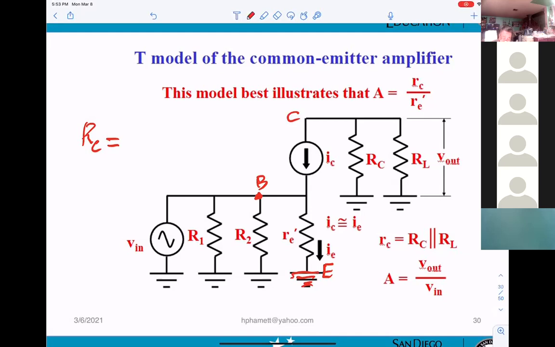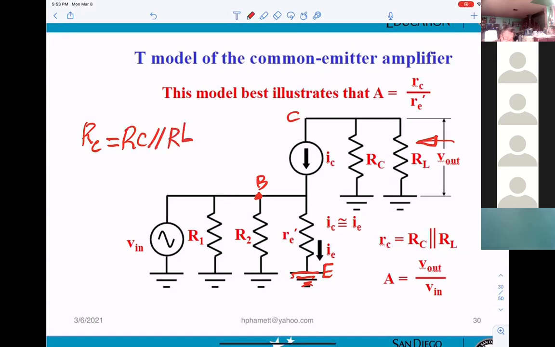They're telling you they want the AC resistance at the collector. And at the collector, if you look into this way, you can see RC parallel with RL.